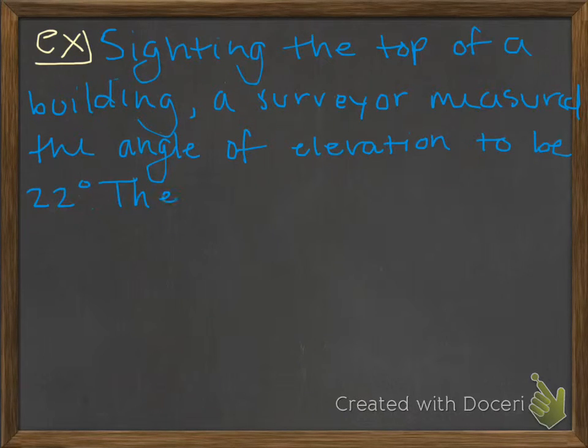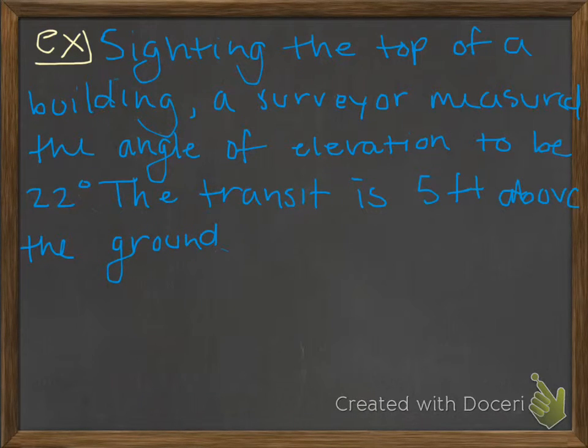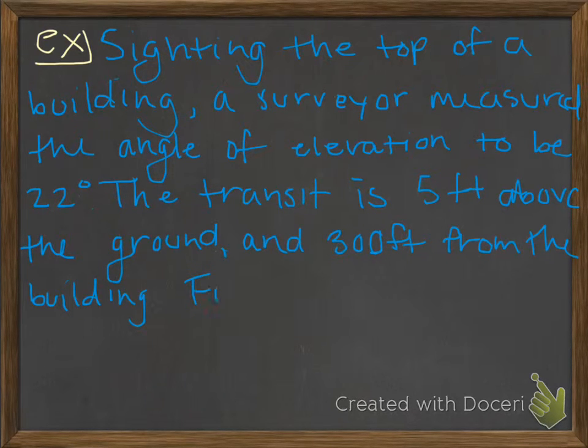The transit is 5 feet above the ground and 300 feet from the building. Find the building's height.